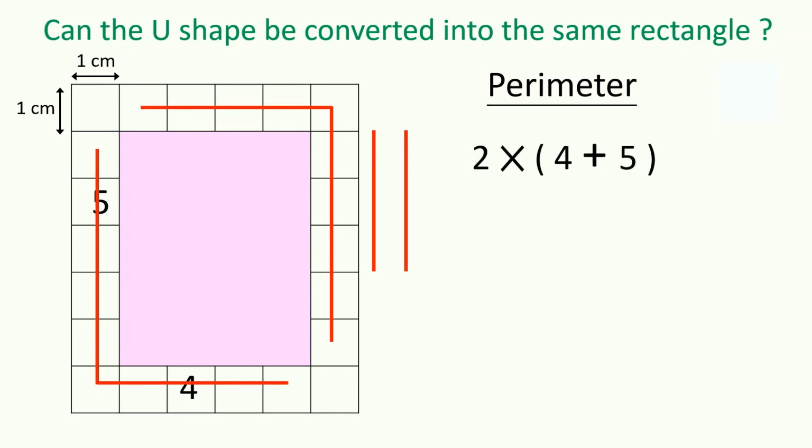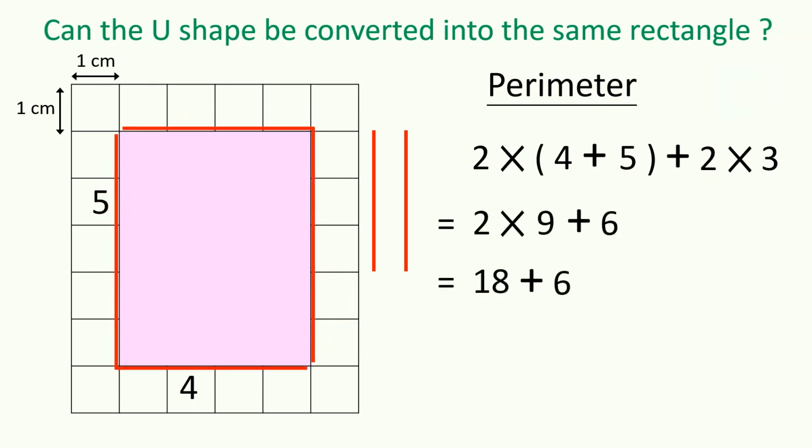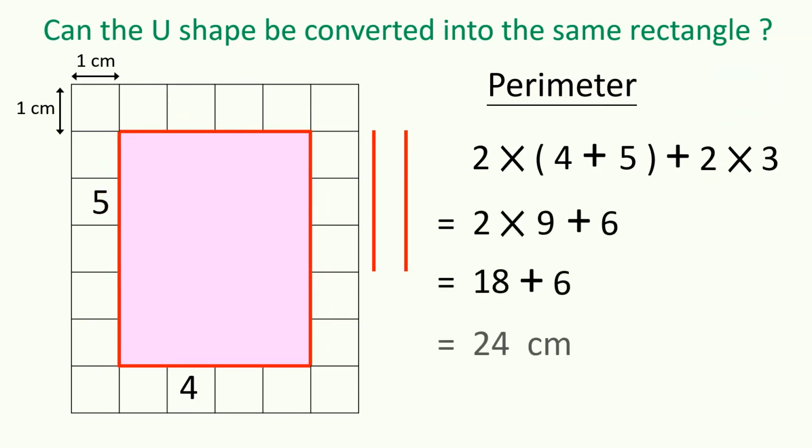The perimeter of the rectangle is 2 times the sum of 4 and 5. The total length of the 2 sides is 2 times 3. The perimeter of the U shape is 24 centimeters. The U shape cannot be converted into the same rectangle as the above polygons.